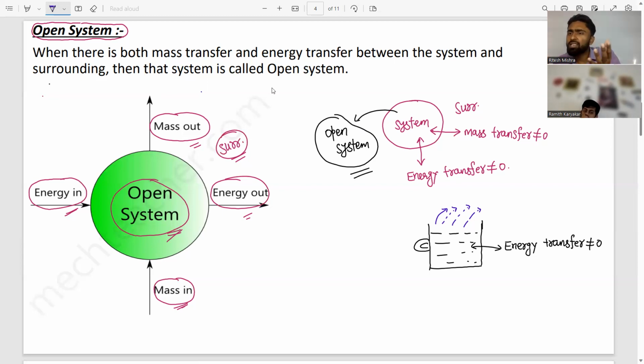So there is mass transfer, although very little mass transfer in the form of vapor, but there is mass transfer. So this system is called an open system.